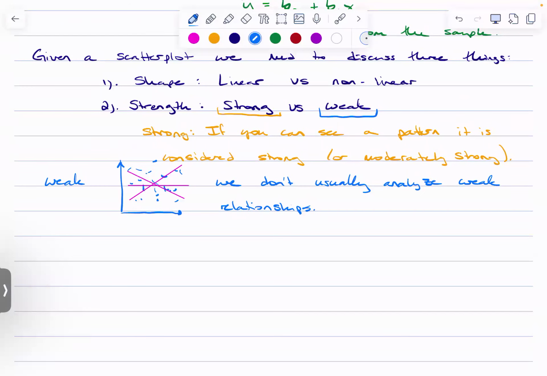You can fit a line of best fit, but especially with this horizontal line, if I'm using the line to predict values of y, I put in a low value of x, I get this middle point y. I put in a high value of x, I get the same point of y. It doesn't tell me anything.